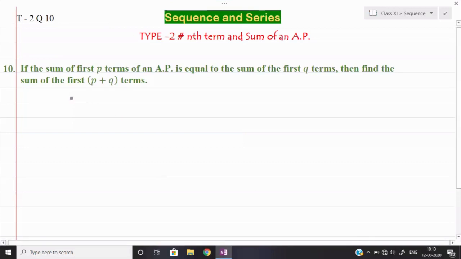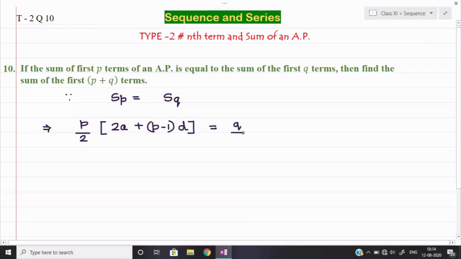So according to that, we have given that sum of p terms is equal to sum of q terms. Now sum of p terms formula if I apply, this will be p upon 2 into the bracket 2a plus (p minus 1) into d. As usual, only what I have done here is I have made the change that the value of n I kept here as p.